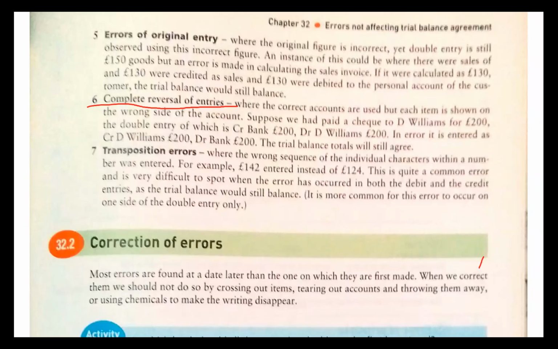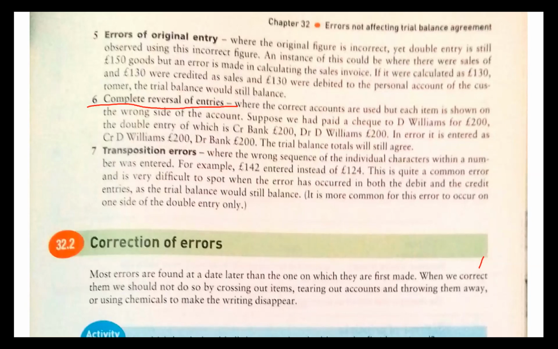The correct double entry is to credit the bank account since we are giving out, and then debit Williams's account because he's the one who is supposed to receive. But in the error, you credit Williams, who was supposed to be debited, and you debit the bank account. Then the trial balance will still balance.